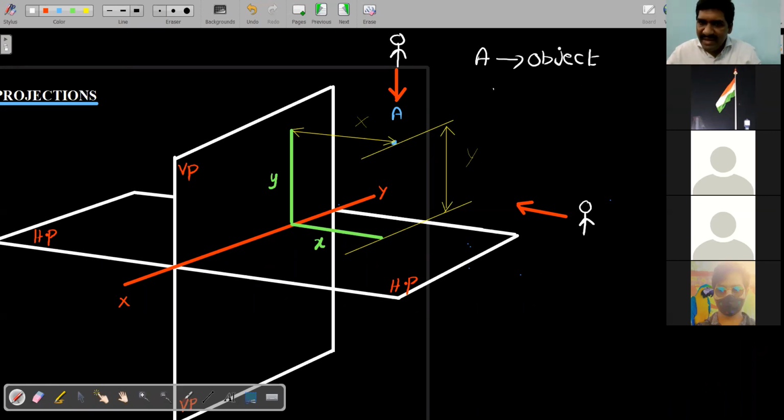A dash will be represented as front view. A will be represented as top view. A double dash will be represented as side view. These are general notations. So front view, top view, side view.